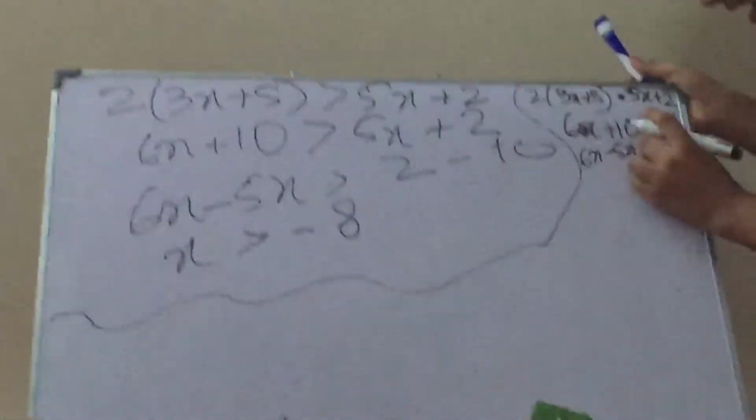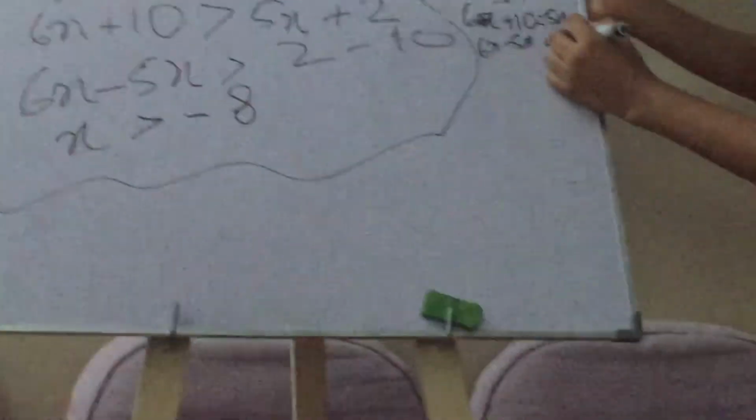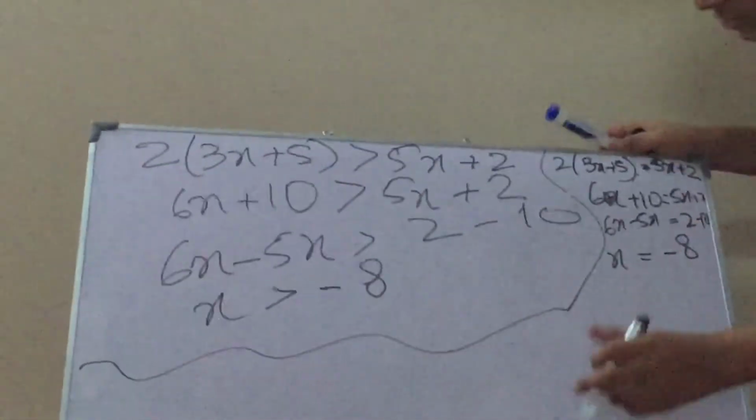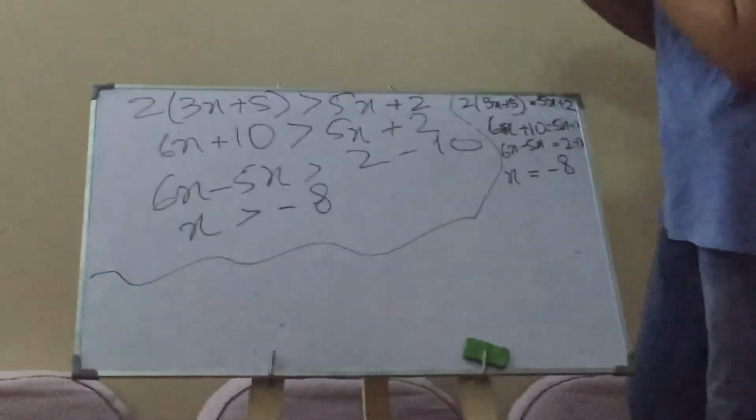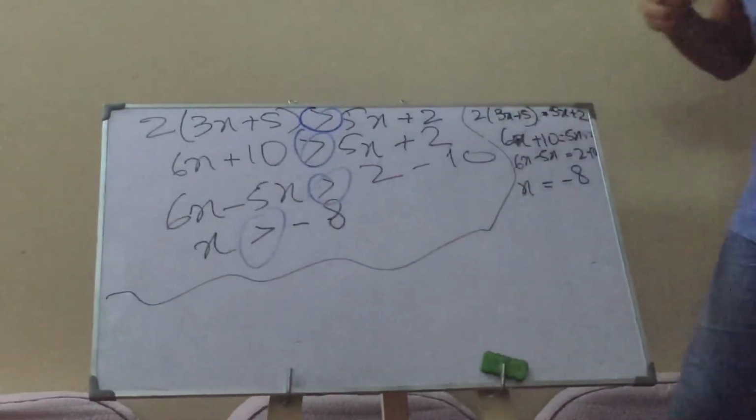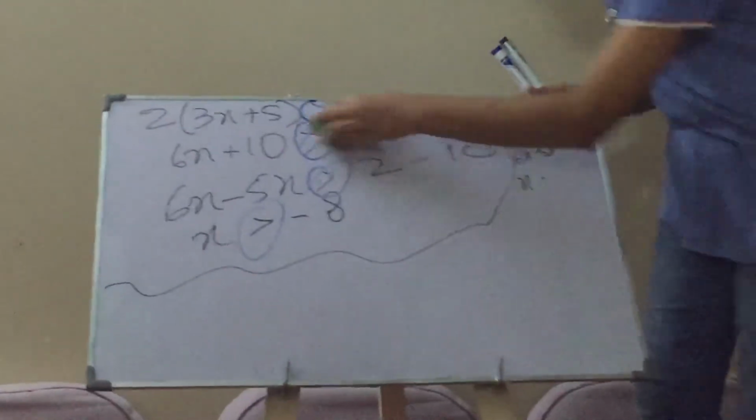And then 6x minus 5x is equal to 2 minus 10. x is equal to minus 8. So guys, instead of this equal to, keep the sign of this greater or smaller sign. Let's take a larger example.